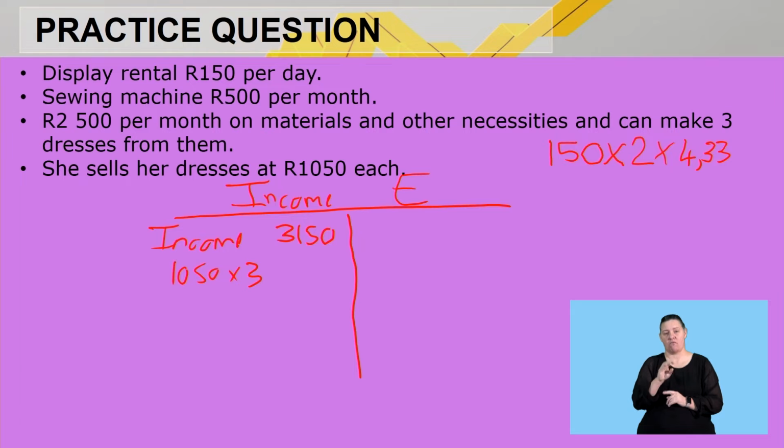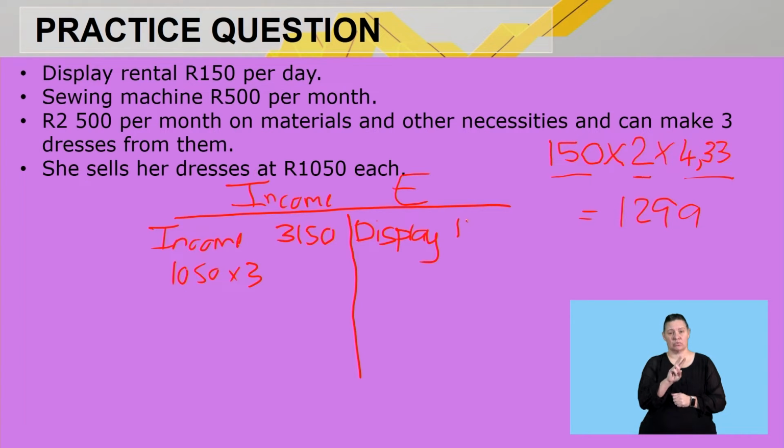So we work with 4,33. That will also be given whenever you need to work with it. So it's 150 Rand, 2 times for Saturday and Sunday, times the weeks, and it is 1,299 Rand.